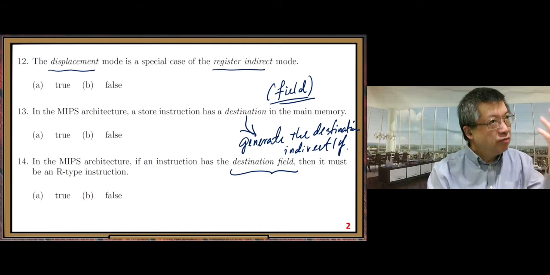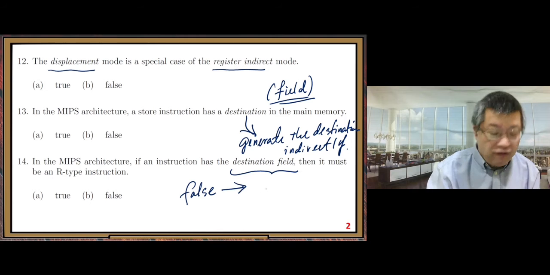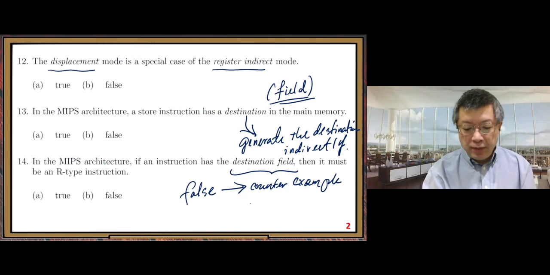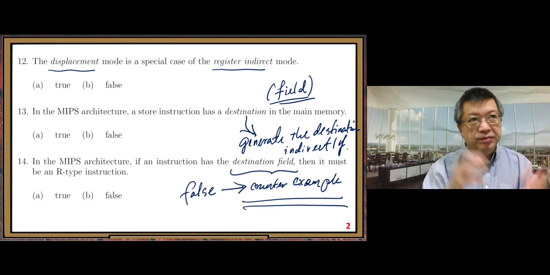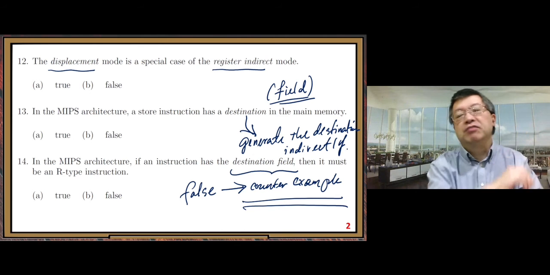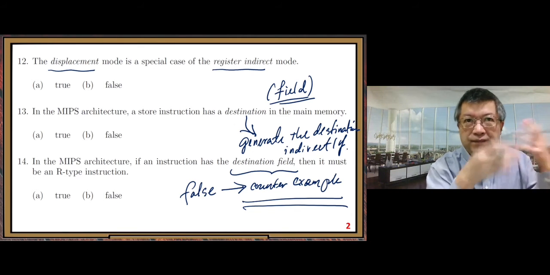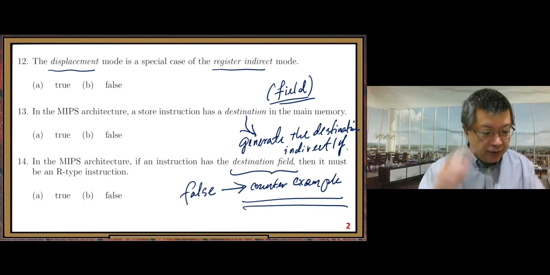If it's false, usually if you want to say this statement is false, can you find a counterexample? Because one counterexample is enough to make this whole statement false. You need to find some special instruction you can use to say it is false. Okay, so that's number 14.